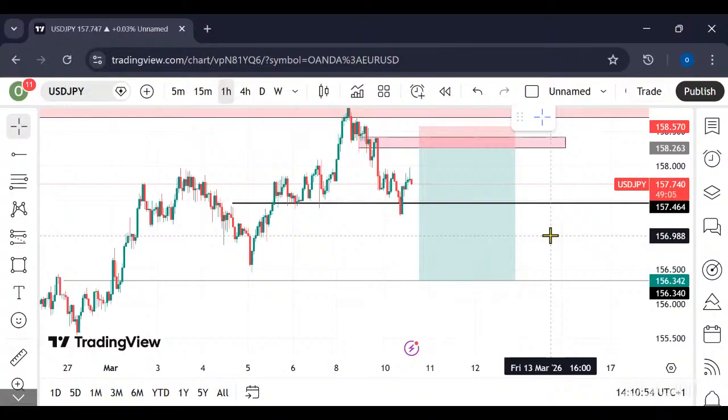Yes. So what happened is that candlestick patterns are just confirmations. They are not a strategy. Candlestick patterns are not a strategy, they are confirmations.